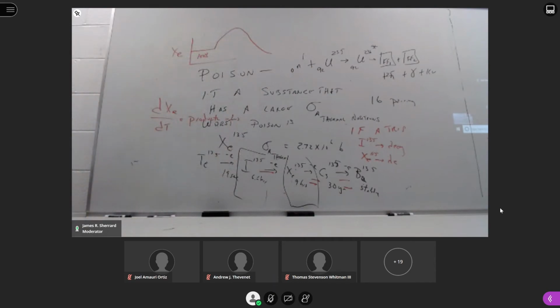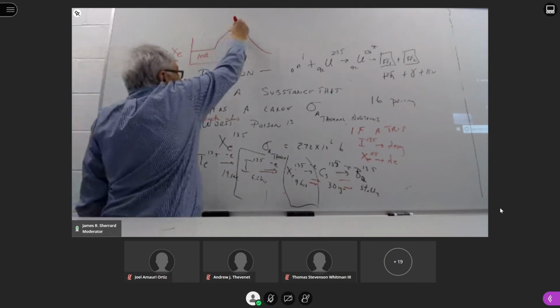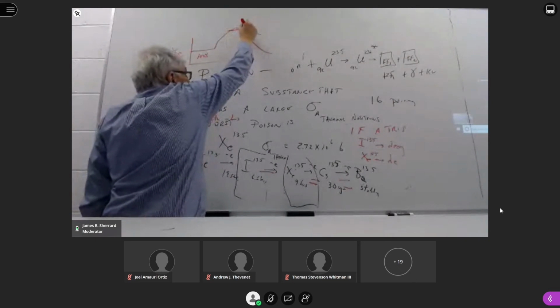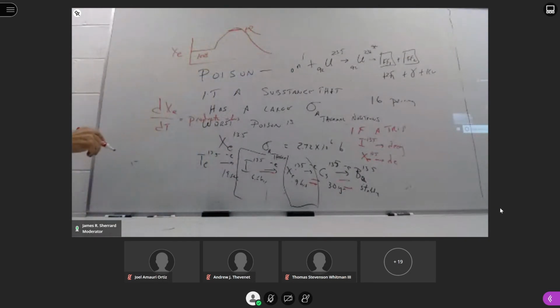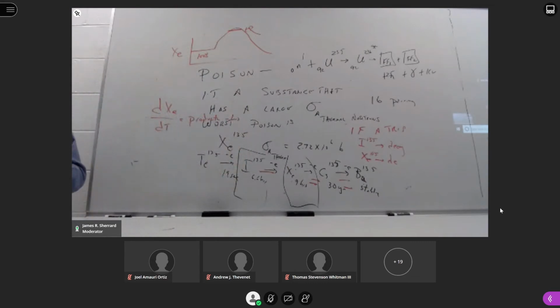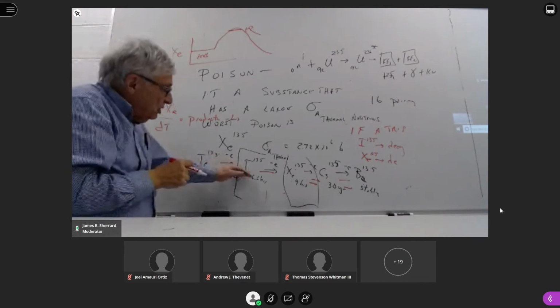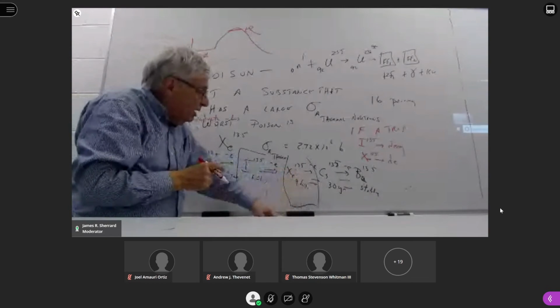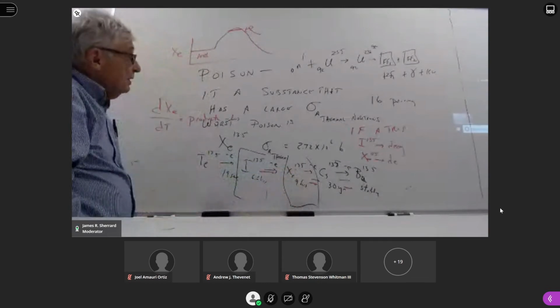And for any commercial reactor, the amount of negative reactivity associated with xenon trying to decay out is significant enough that you cannot restart the reactor. You have to wait till most of this decays to xenon, and then most of your xenon decays away.